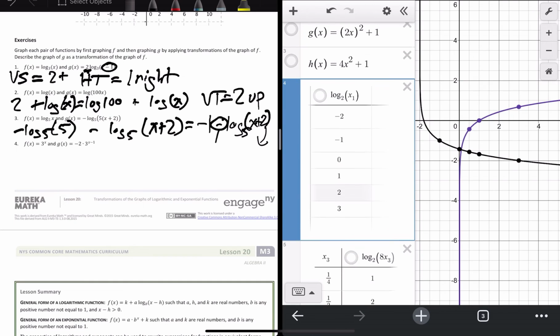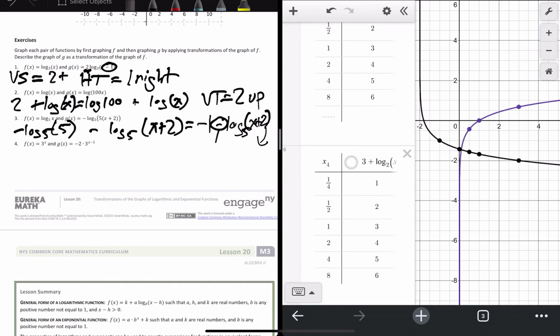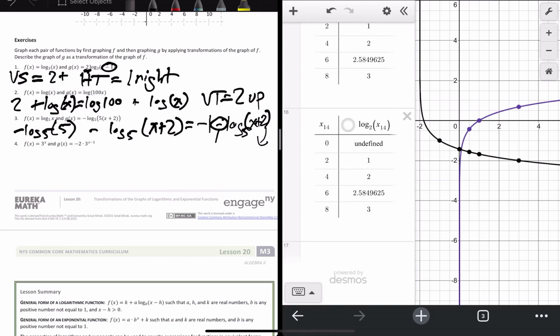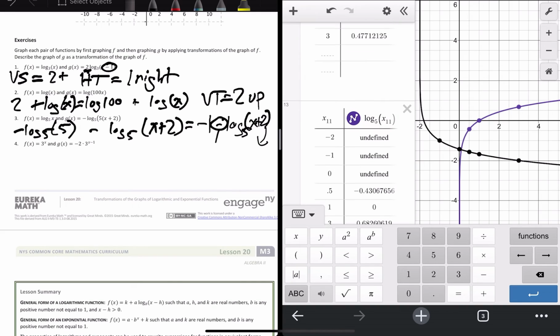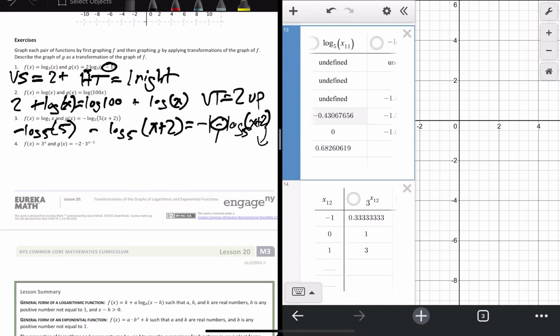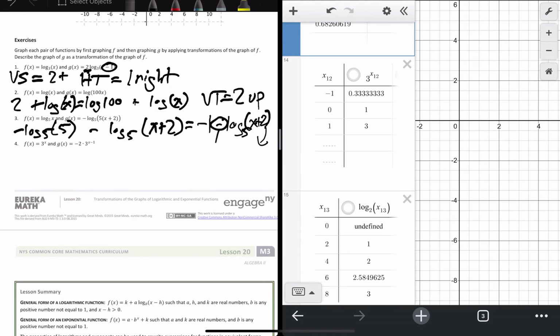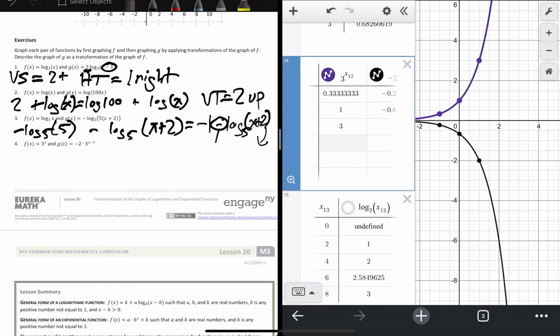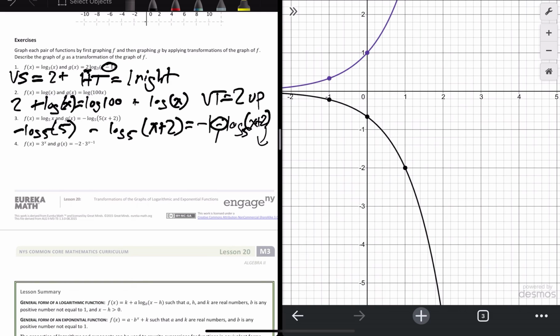I can't really tell a whole lot about the graphs just by looking at them. Okay, this one doesn't look as crazy at least.